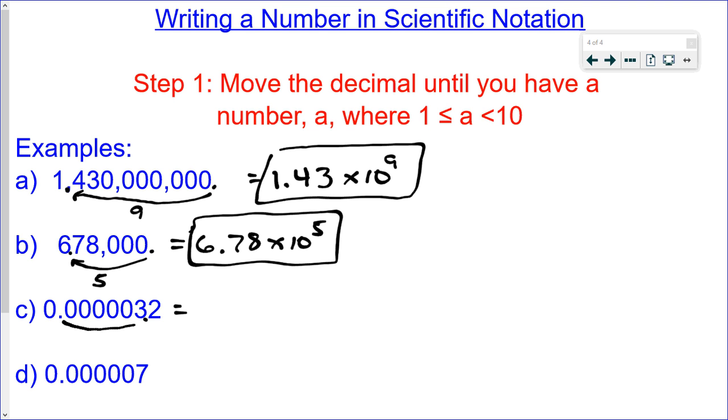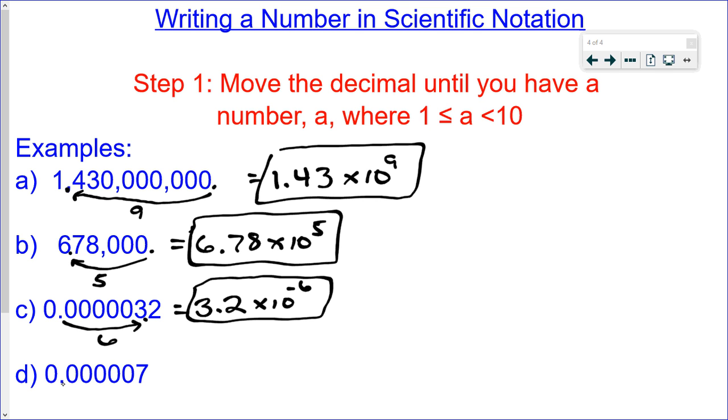That gives me the number 3.2, which is greater than or equal to 1 and less than 10. And then I'm going to count how many places I moved it. 1, 2, 3, 4, 5, 6. And this time, it's 10 to the negative 6. So again, positive exponents give you big values. Negative exponents give you really small values or big decimal numbers.